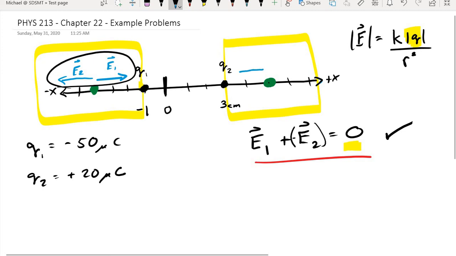So we will see field 1 pointing towards charge 1. And field 2 has to point away from charge 2 because charge 2 is positive. So we will see field 2 point away from charge 2. And so that looks like it could also produce a combination that would make 0.